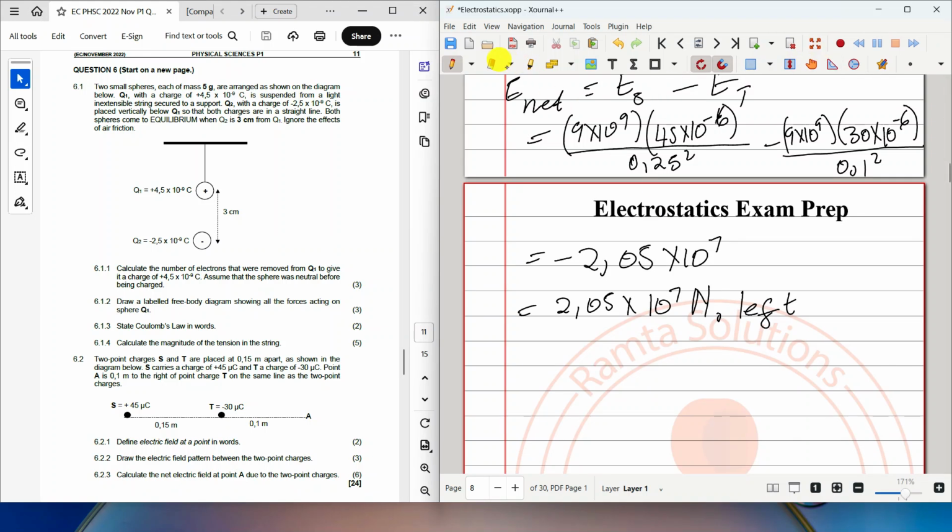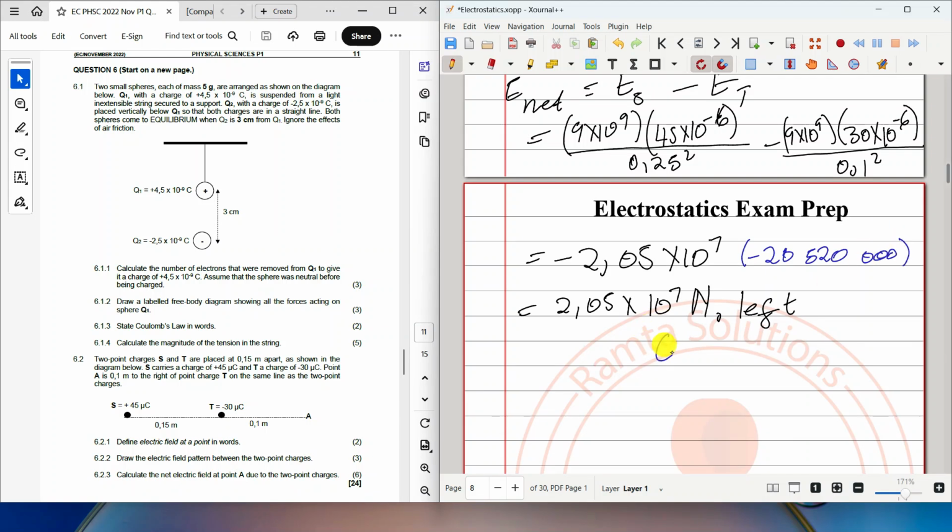If you like, you might have written the number as is, which was negative 20,520,000.